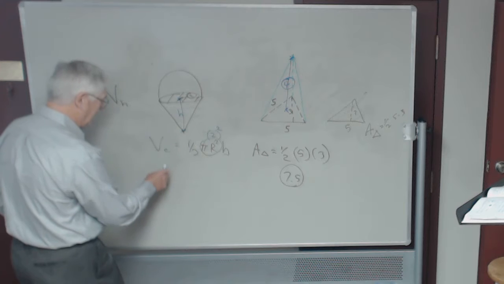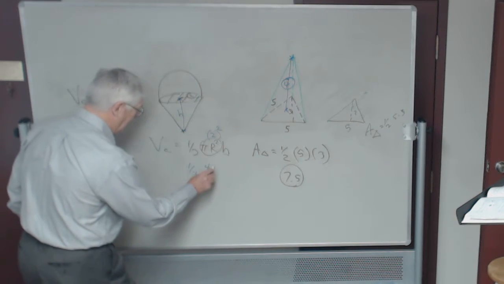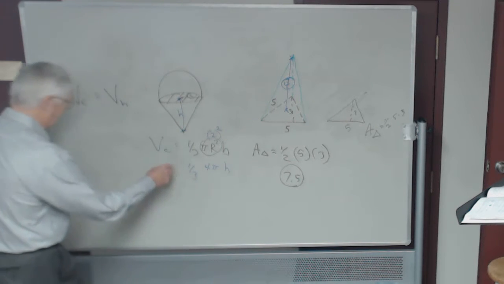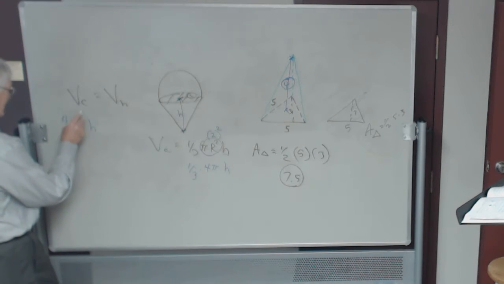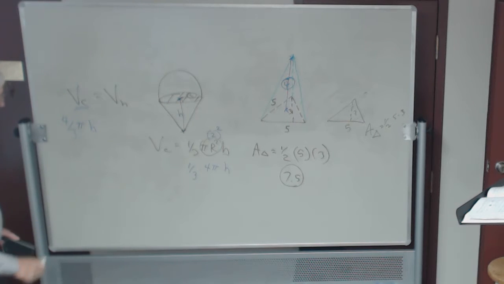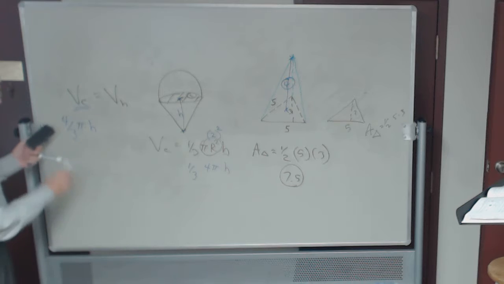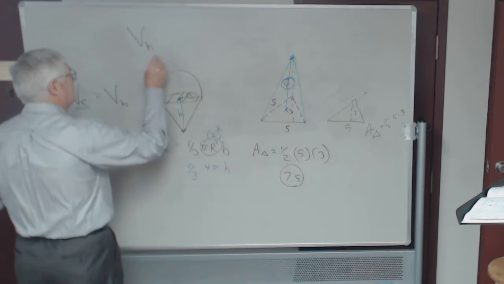So the volume of the cone is 1/3 times 4 pi times h. Would that be the volume of the cone is 4/3 pi times h? That's the volume of the cone. Everybody agree? So now let's come up here and do the volume of the hemisphere.